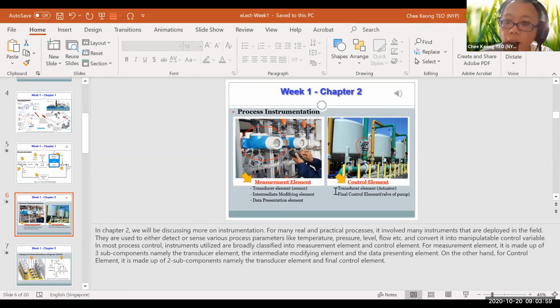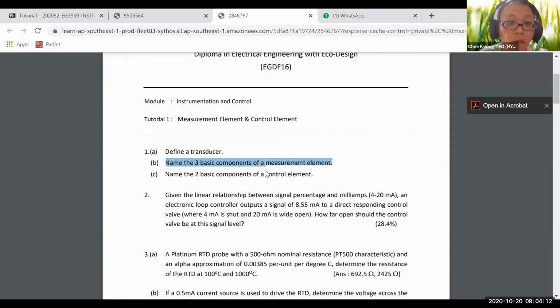For the control element, there is the transducer element and the final control element. So this is a theory question, very straightforward, right? So you have answered all the 3 already. That's for question 1. Now, how about the next question?